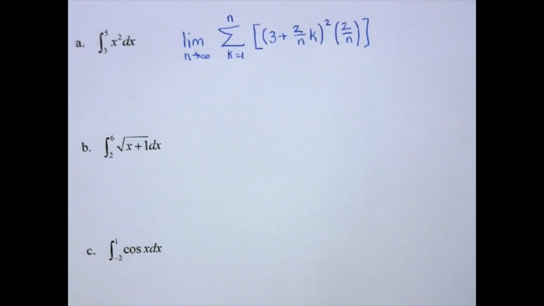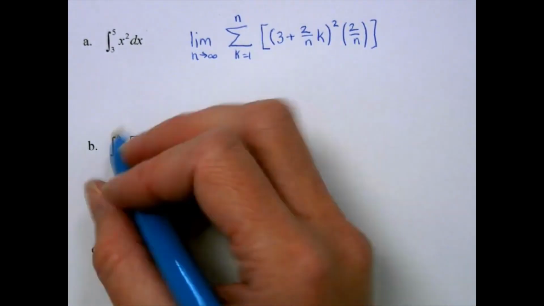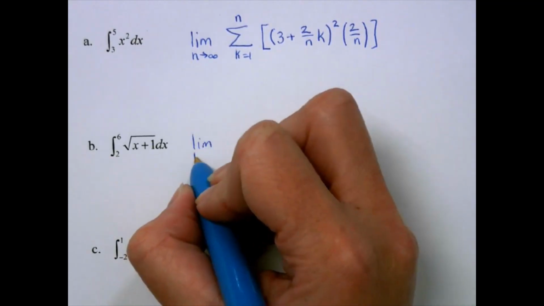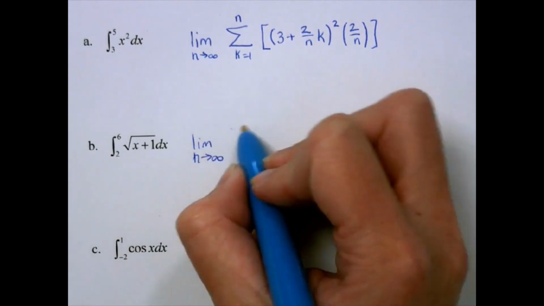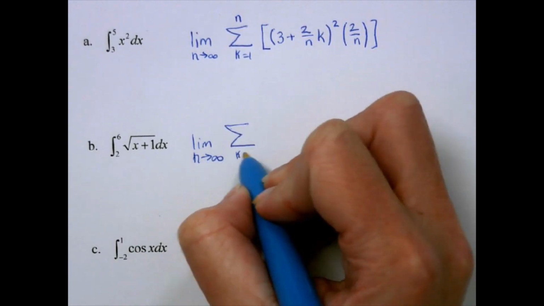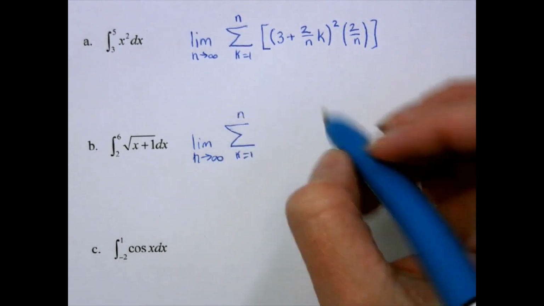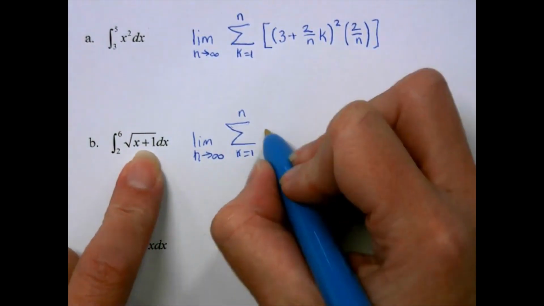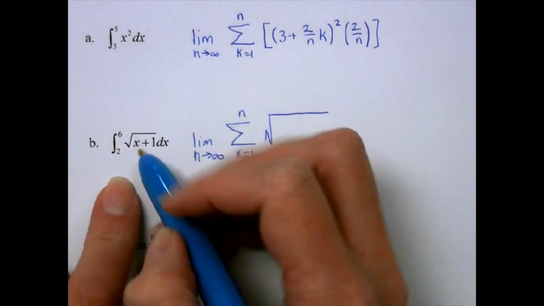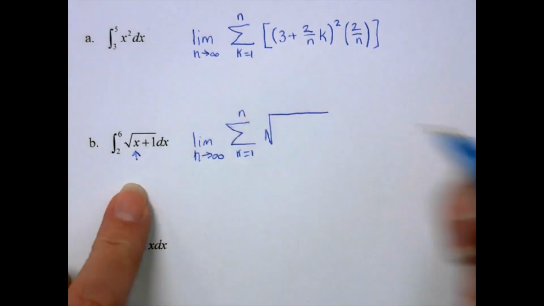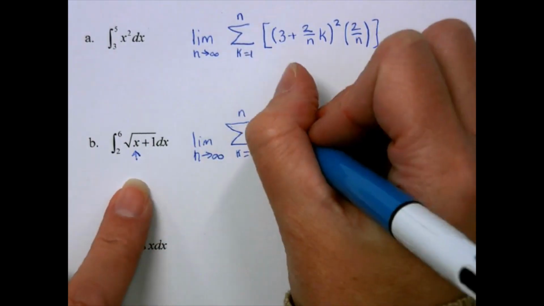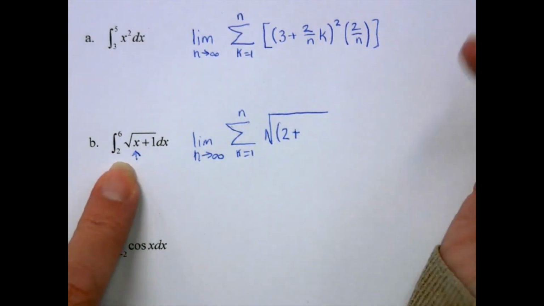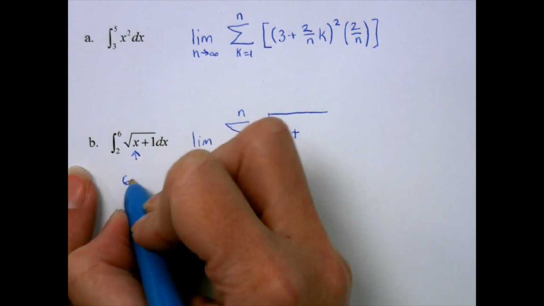So here, we're going to have the limit as n goes to infinity, k equals 1 to n. Okay, our heights are going to be the square root. The x value is going to be 2 plus, this time our widths, we're going to have 6 minus 2 over n, or 4 over n.